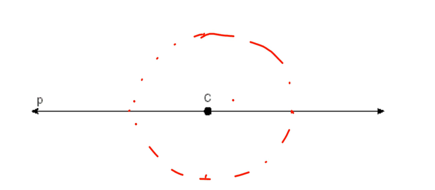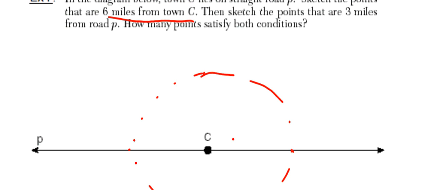The other criteria that needs to be satisfied in this problem is we need our locus of points to be 3 miles away from point P, or road P, I'm sorry, which is a straight line. Well, if this radius is 6, this locus is going to be about halfway to the edge of that circle.